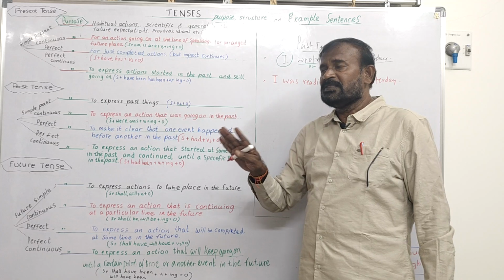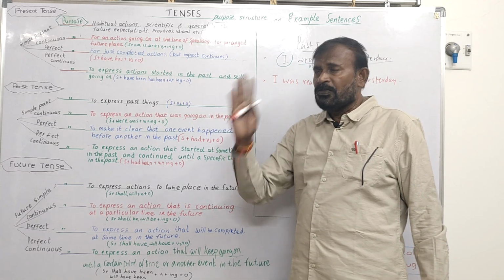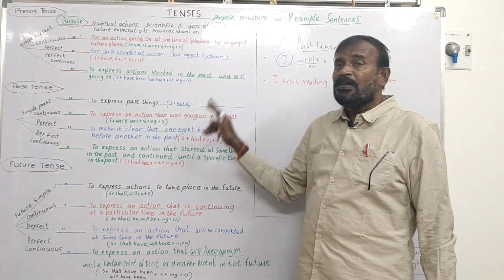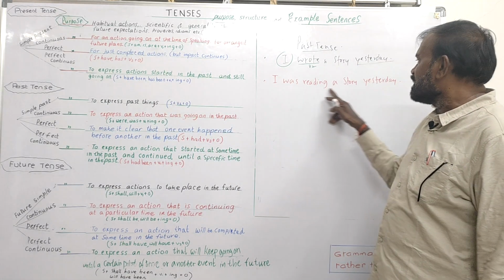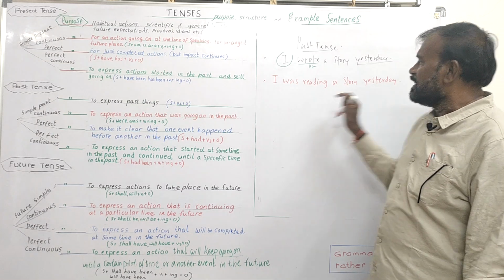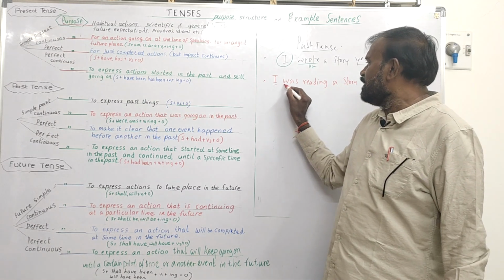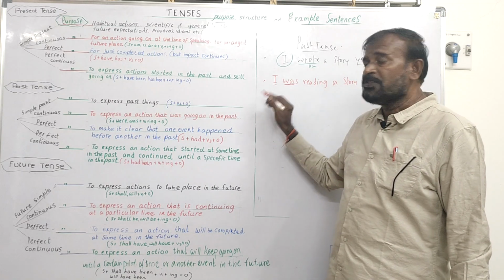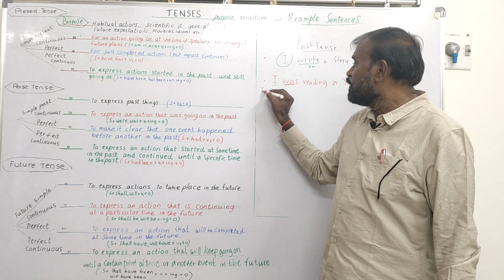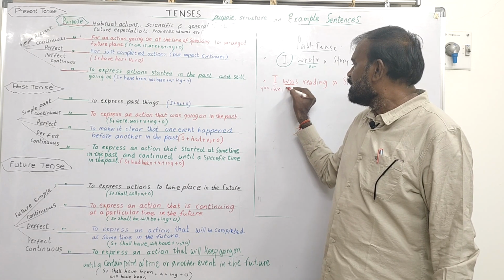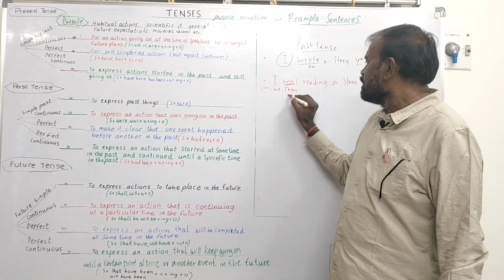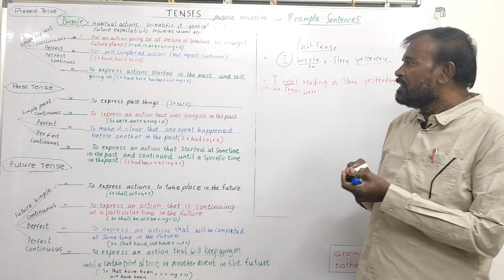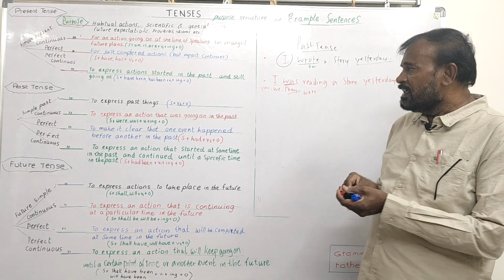Sometimes it is going on in the past from some time to some time. It is called past continuous tense. I was reading a story yesterday. For I, I utilized here the past helping verb was. If it is plural, that means you, we, they, we use were instead of was.